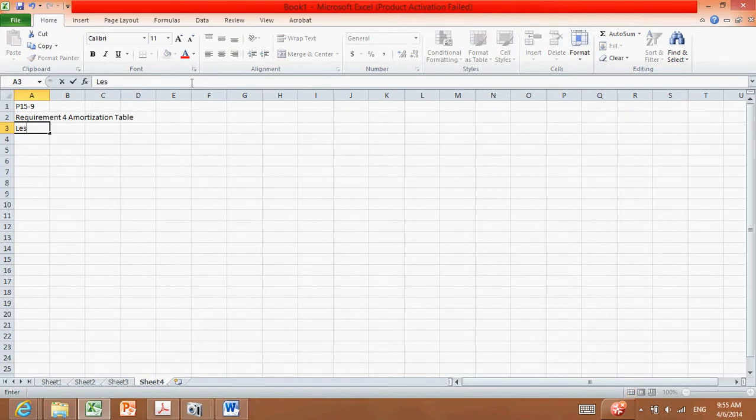Because the residual value is not guaranteed, the lessee's table and the lessor's table will be different. They are different from the beginning balance.